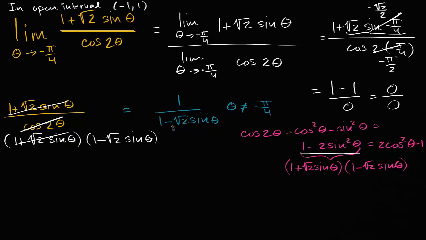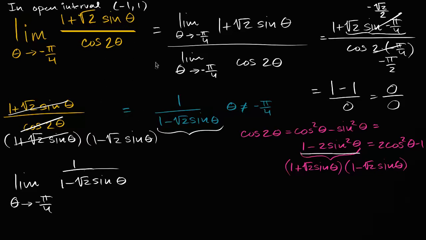So what we've now realized is, let's think about the limit as theta approaches negative pi over 4 of this thing without the restriction, 1 over 1 minus square root of 2 sine of theta.